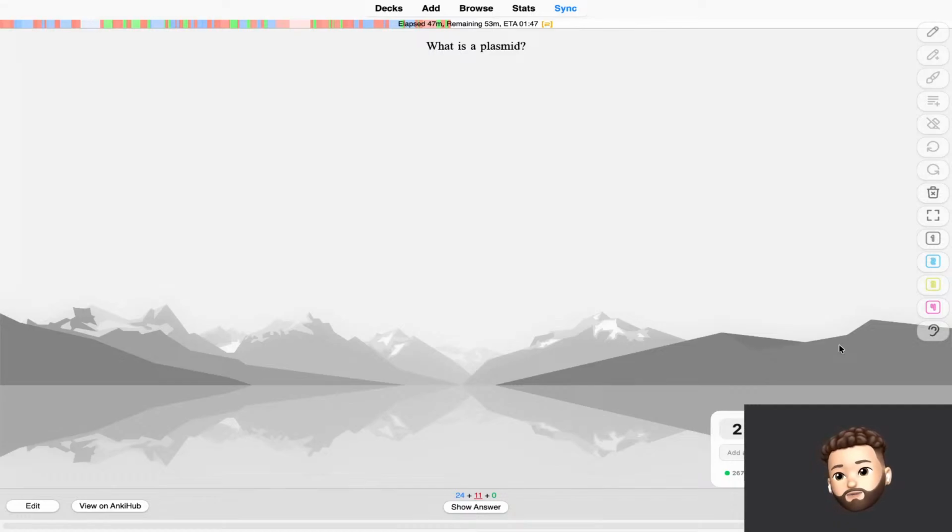What is a plasmid? It's circular DNA in bacteria that contains non-critical genetic information. Those plasmids might offer them some kind of evolutionary advantage.